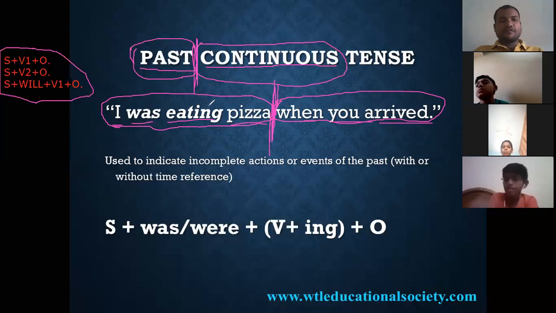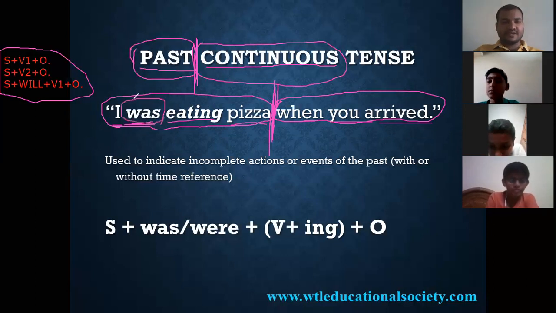The first part: I was eating pizza. Was means already completed, sir? Very good, so was is indicating past tense.